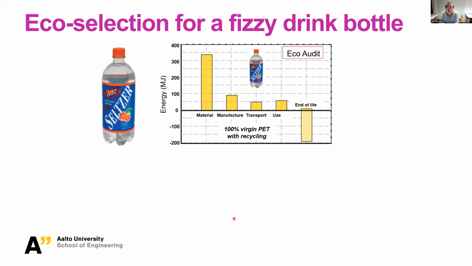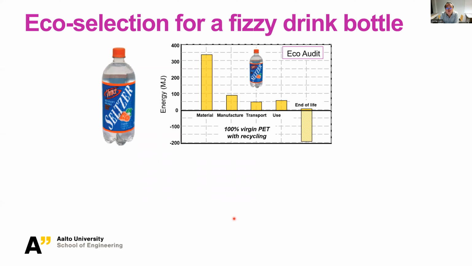Now I'd like to give you one example, which is quite interesting, rather easy, but it really integrates many concepts we have learned a few weeks ago, and also to think about this eco audit and eco-impact design.